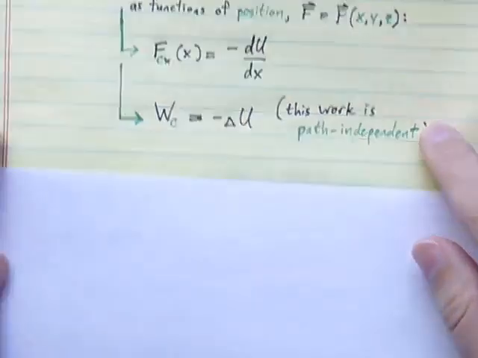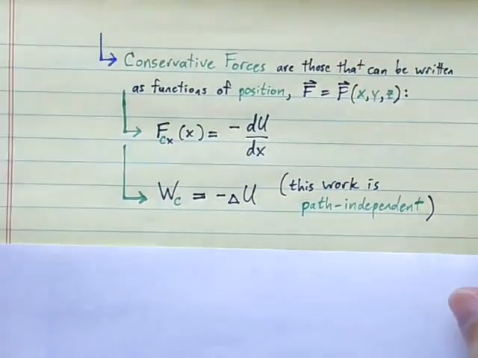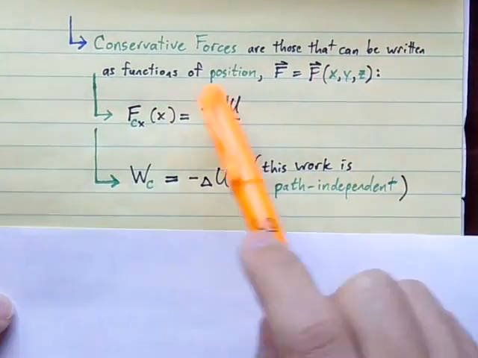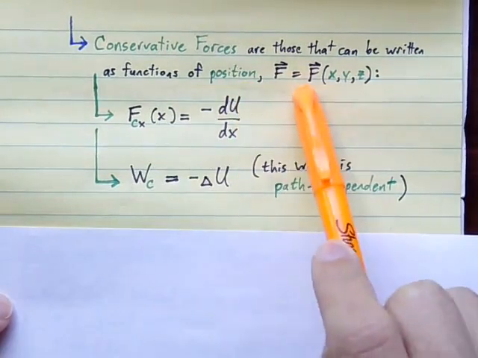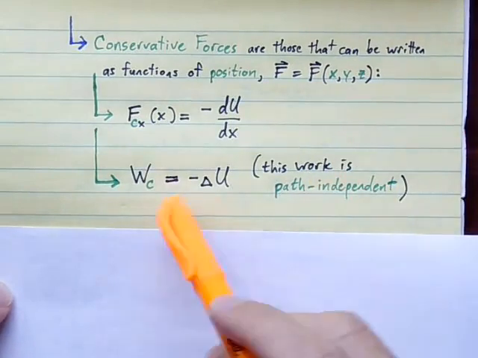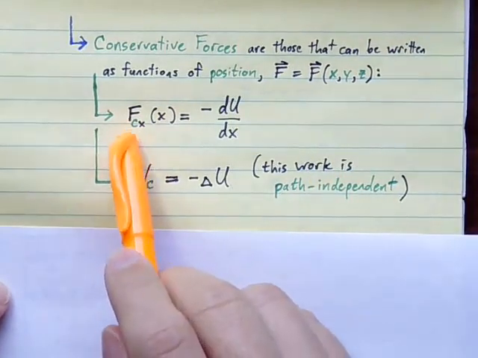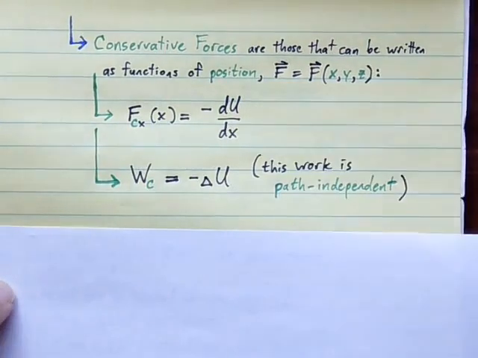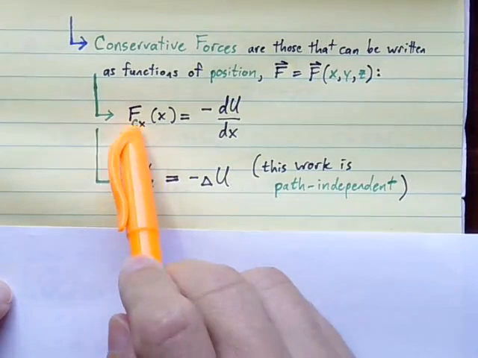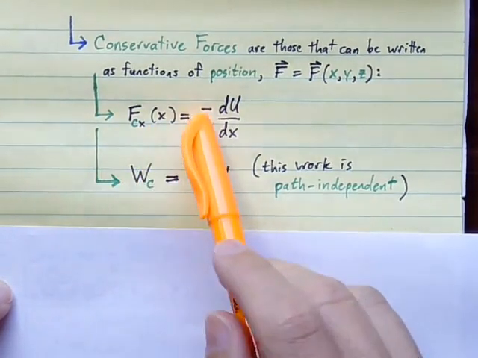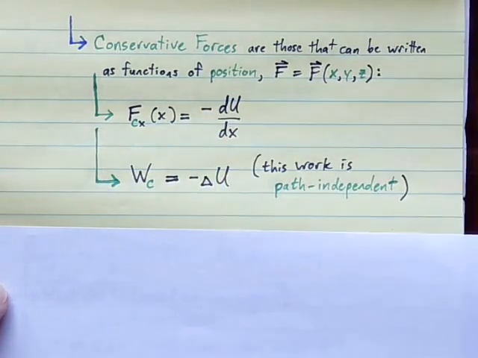There exists a special class of forces we call conservative forces. They are those that can be written as functions of position, functions of coordinates x, y, and z, or r and theta in polar coordinates. For every conservative force, there exists a corresponding potential energy function U, and the x component of a conservative force that's a function of x is given by the opposite of the derivative of the corresponding potential energy with respect to x.